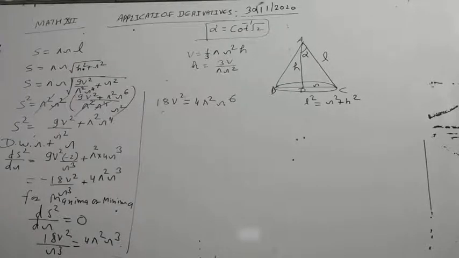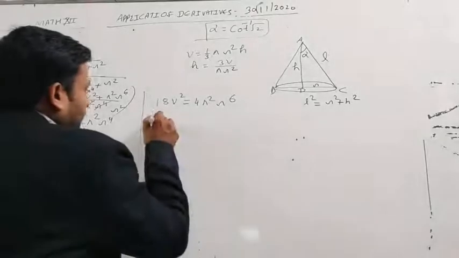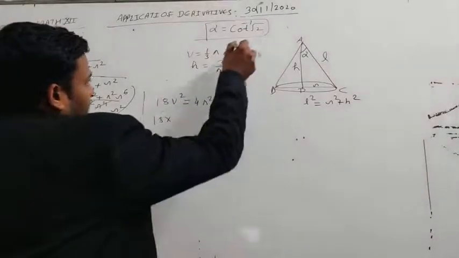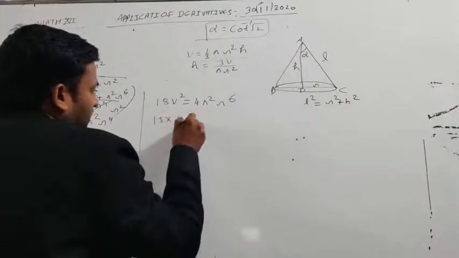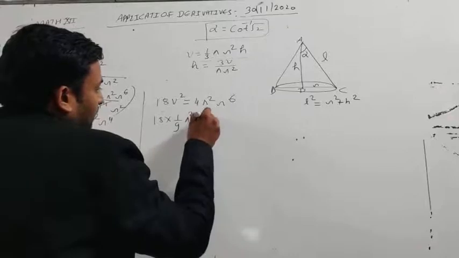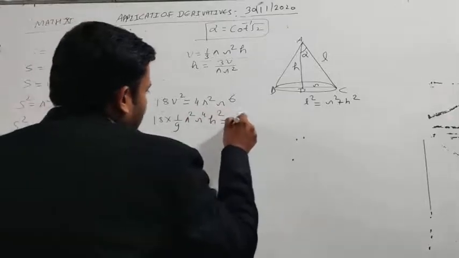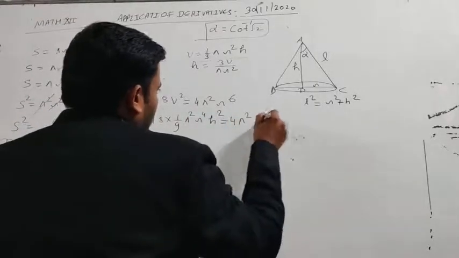Now we will put the value of V here. Our V is 1 by 3 pi r square h. So we write the value of V and we get 18, and square of V will be 1 by 9 pi square r to the power 4 h square, equal to 4 pi square r to the power 6.